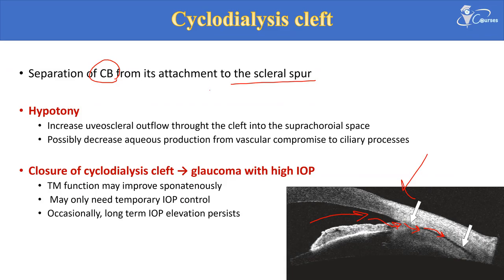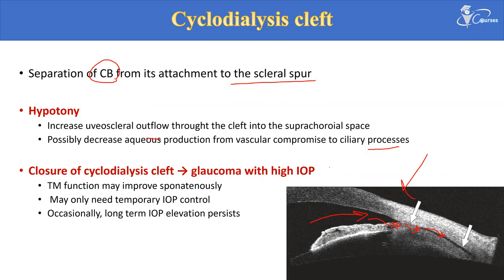So there is increased uveoscleral outflow through the cleft into the suprachoroidal space, with possibly decreased aqueous production from vascular compromise to the ciliary process. These are the mechanisms why those patients will have hypotony. Later on, this cyclodialysis cleft may close, leading to glaucoma with higher intraocular pressure.